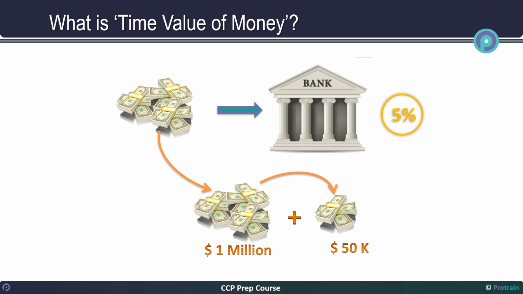This is the underlying concept of time value of money. Note that the money increase with time is dependent on 3 factors. First is the rate of interest. Second is the amount of time the money is invested. And the third is the amount of money being invested.